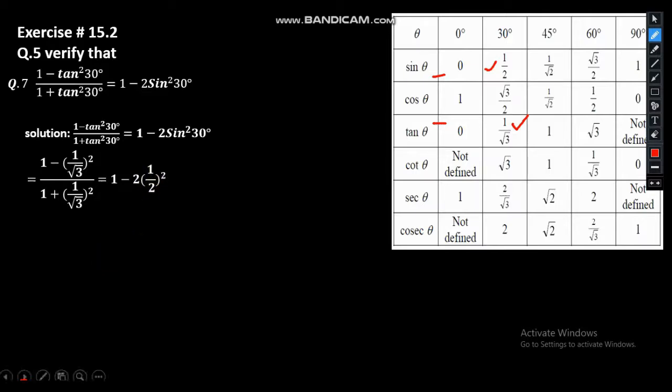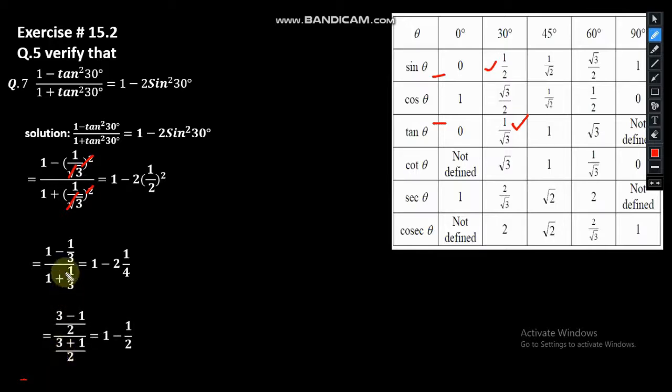Now next step, this 2 and 2 cancel each other, this one 1 and 1 as it is.